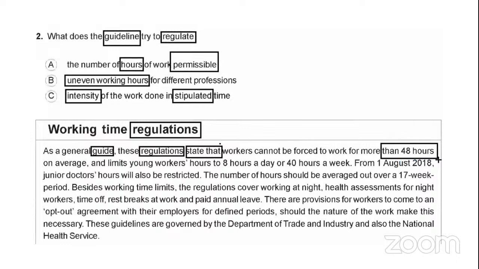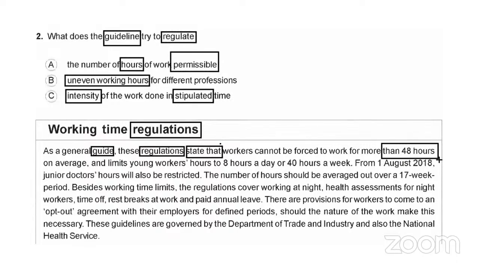Workers cannot be forced means control, means limit. Limit, permit, control, permissible means permit. Permit means limit, limit means control. This is how you have to realize.